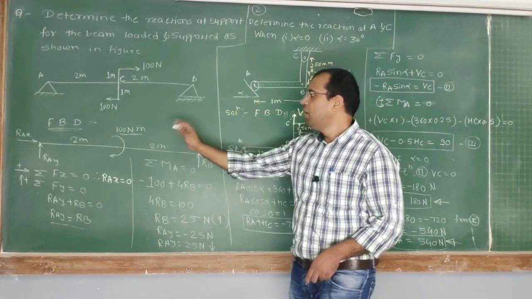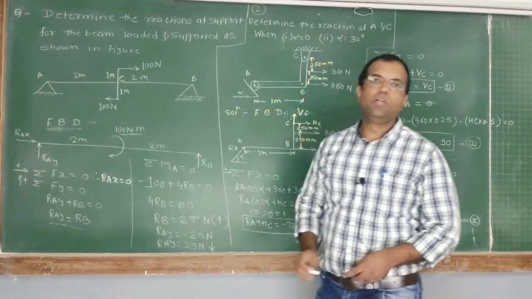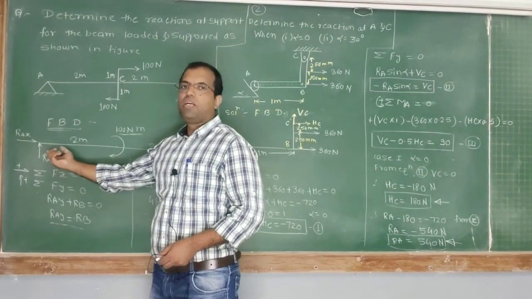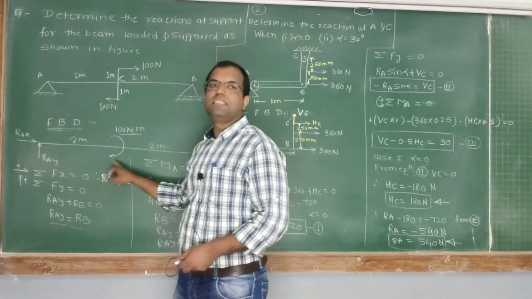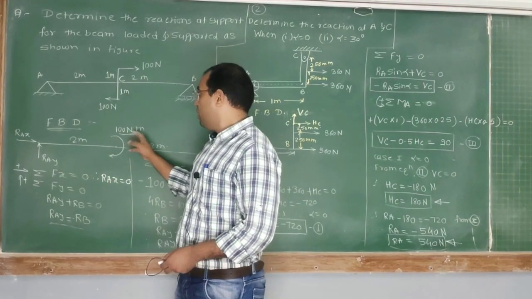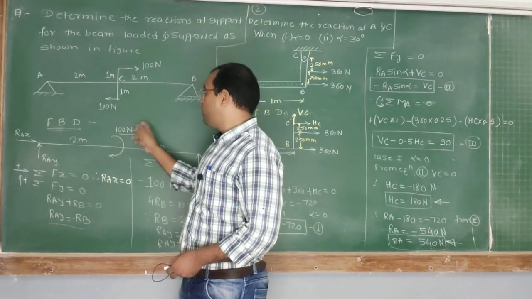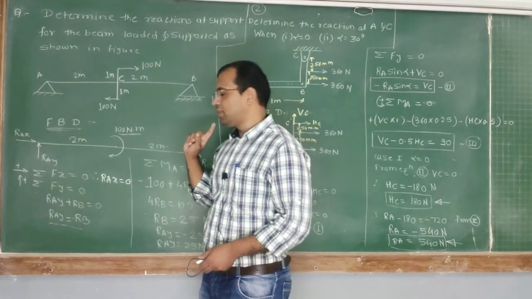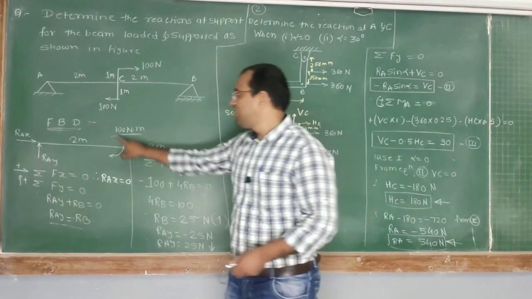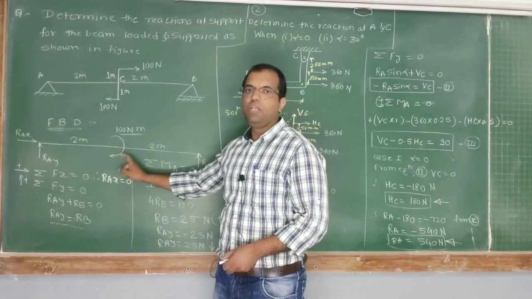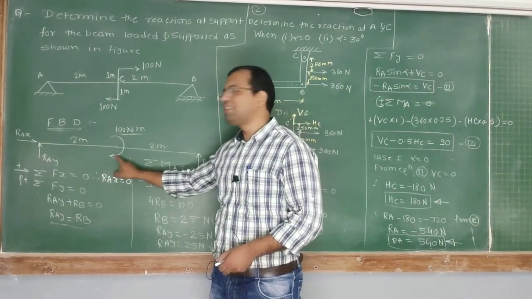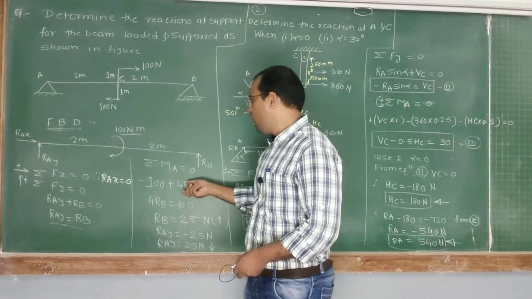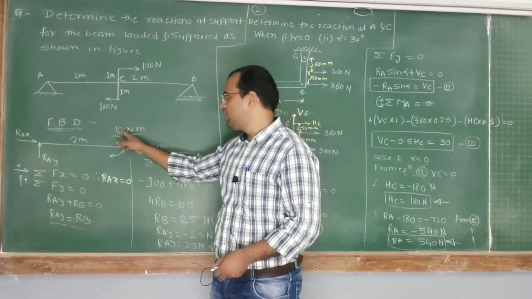So itself is a moment at point A. So there is no need to multiply it by the perpendicular distance, because this is not a force, this is a moment. If you multiply by distance, what does the unit become? 100 Newton meter square in that case. So please take care that where this symbol appears in your problem, it indicates the couple or moment, and you have to write it down as it is in your moment equation, because this is not a force.